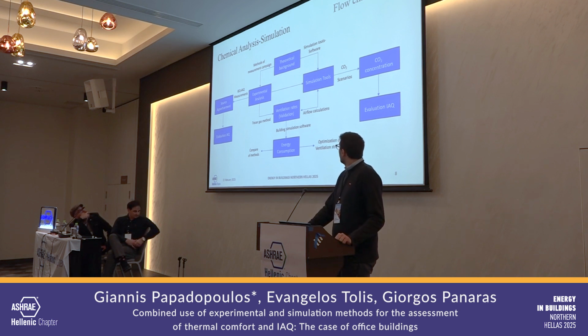And then we can take simulation tools, like what we can see next, to predict the ventilation rates, and as well we can take the CO2 values to predict these ventilation rates. These two different methods we compare in the next slide.